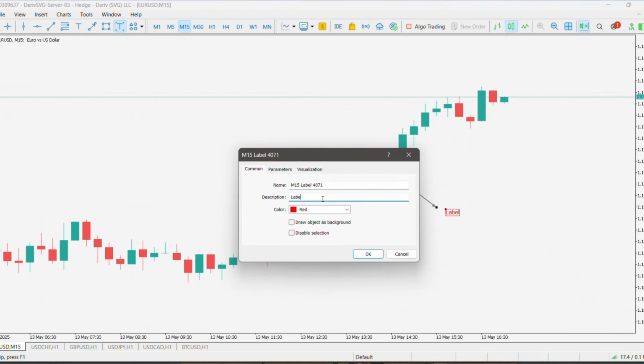And now I do have my text there. This is my bullish candlestick, in caps lock. Okay, that's just like that.